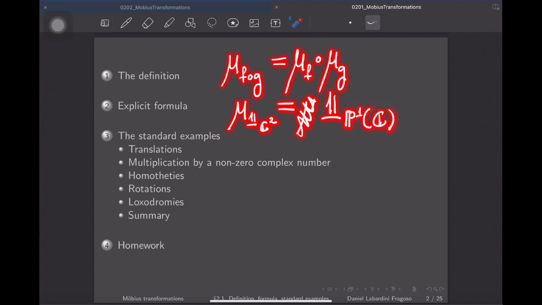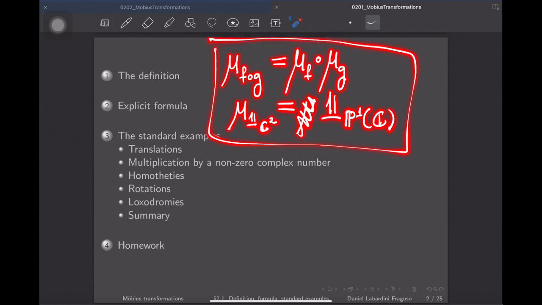And then these two things imply that the Möbius transformations of P1c form a group, a subgroup of the group of self-homeomorphisms of P1. Taking the Möbius transformation of a bijective linear map is a group homomorphism from the group of bijective linear maps from C2 to C2 to the group of self-homeomorphisms of P1c.